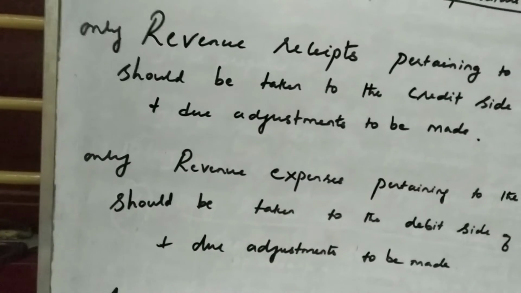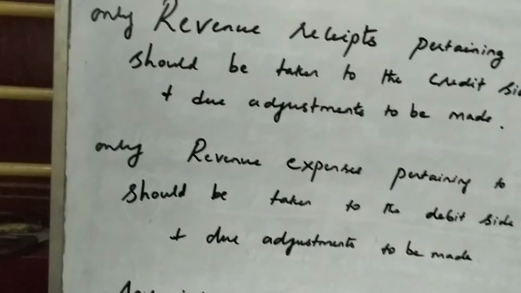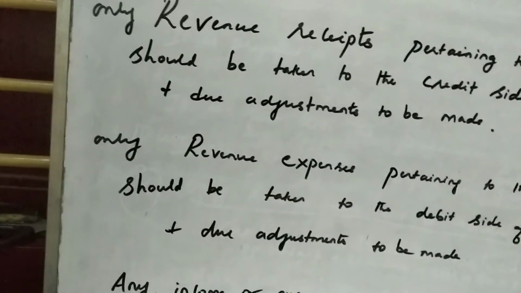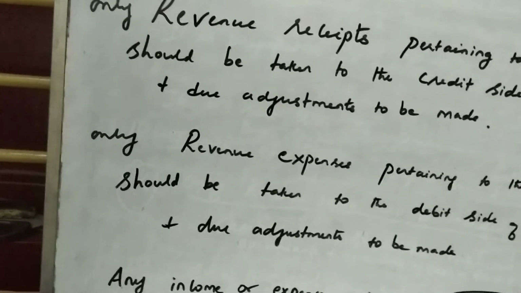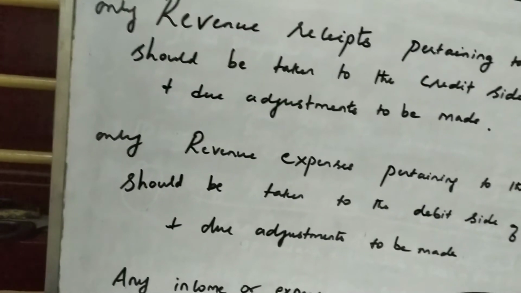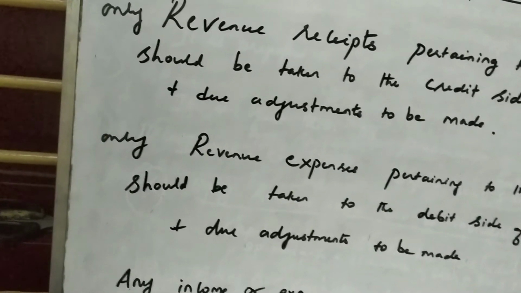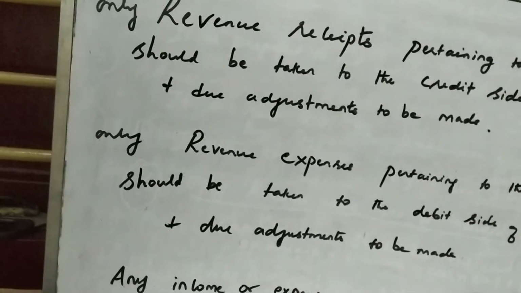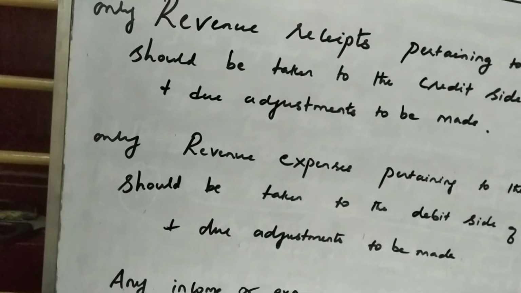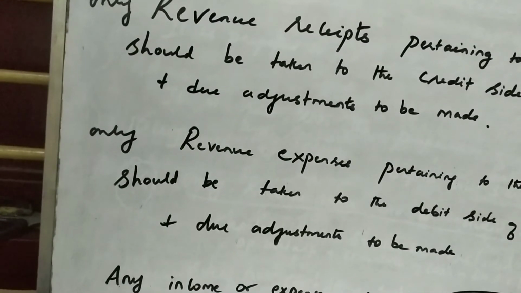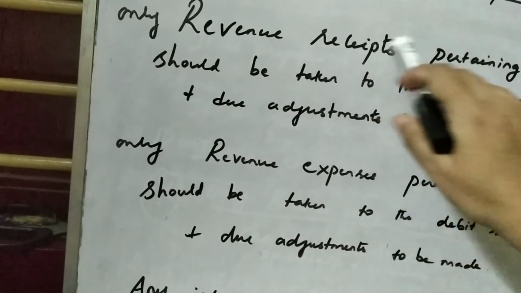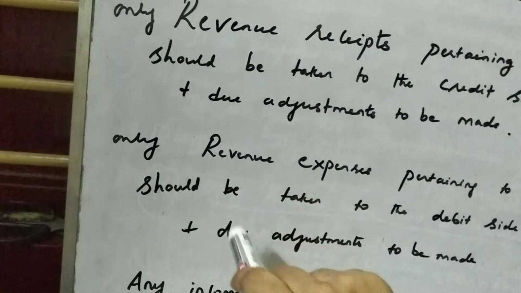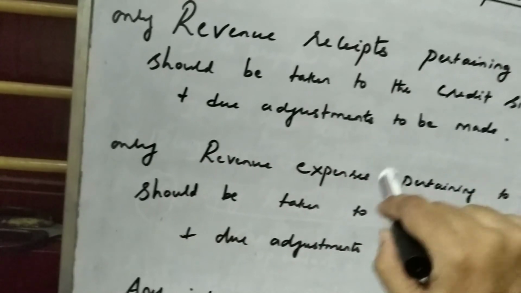Then capital receipts and capital expenditure must be excluded. These capital items will be shown only in the balance sheet. So we should not include those items for income and expenditure account. Then only revenue receipts will be shown on the income side. Similarly, revenue expenses will be shown on the expenditure side, and for both cases due adjustments to be made.